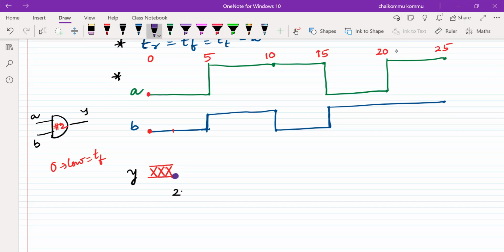Now at this point, 0, 0 will be assigned and the result value is equal to 0. This value will be available as long as there is no change at the inputs. So at this point only, we can observe that. I want to take another color, that's why I'm searching.